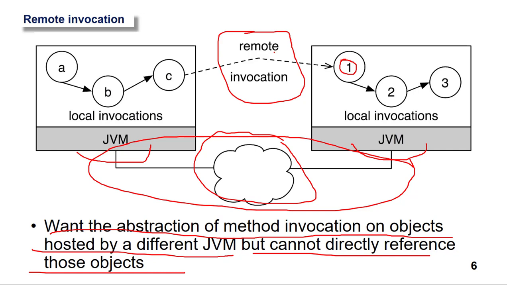So a good distributed architecture hides all those details from the application program, and the application programmer should be able to call methods on objects that are far away in the same way that they do on their local computers.